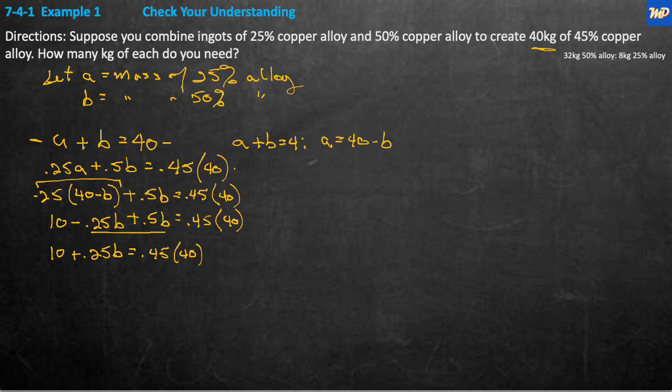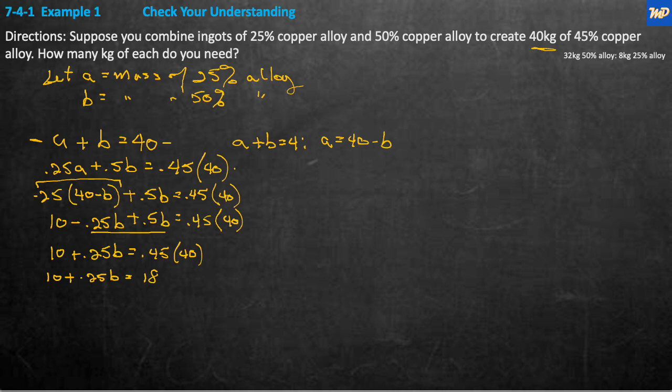So now let's go ahead and calculate what 0.45 times 40 equals. So I'm going to say 10 plus 0.25B is equal to 18, because 18 is 0.45 or 45% of 40.